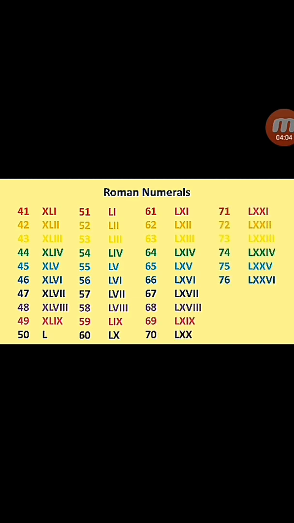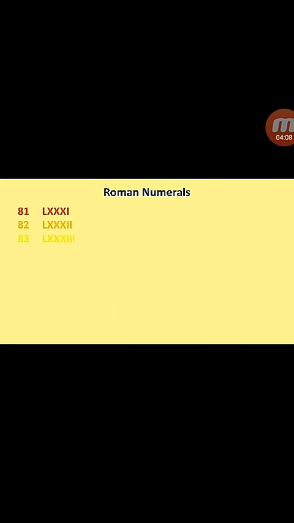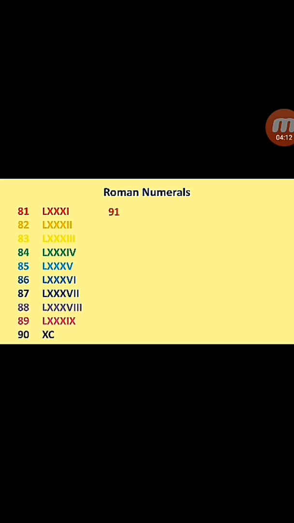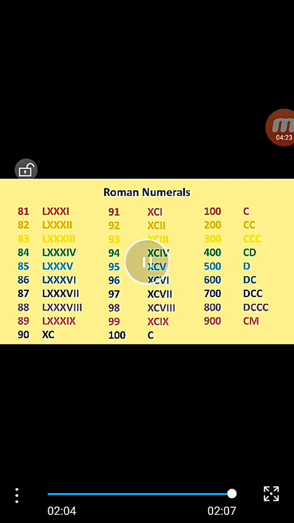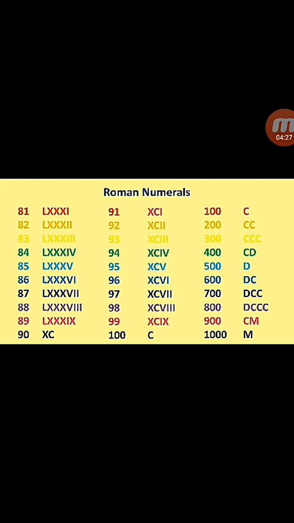So this is the chart of Roman numerals. Just see how to write in Roman numbers. You already studied this in your previous class. This is how we can write Roman numerals.